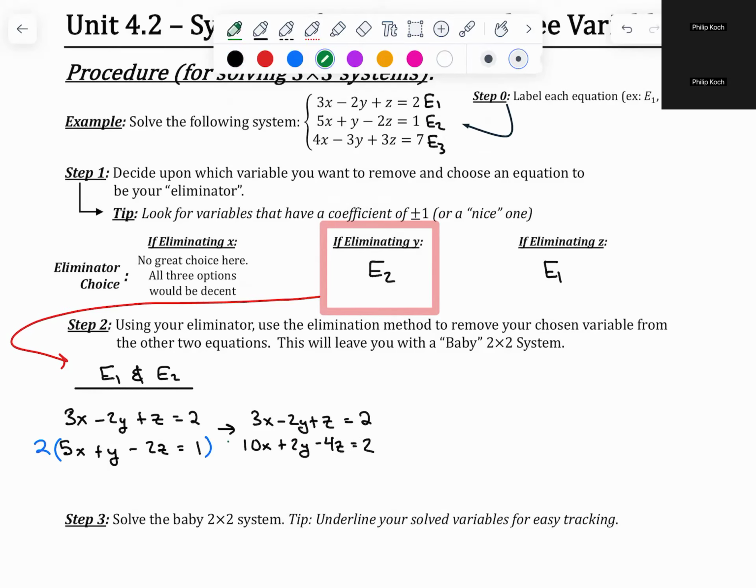And I will add those two things together. That'll cancel out the y's in the middle. 3x plus 10x, that's 13x. z plus negative 4z is minus 3z. And 2 plus 2 is 4.